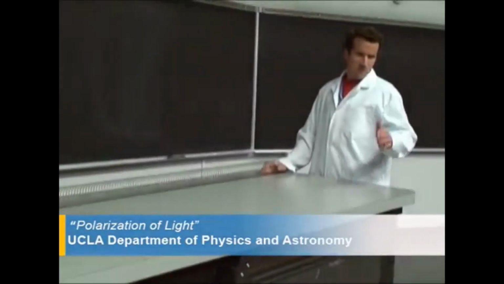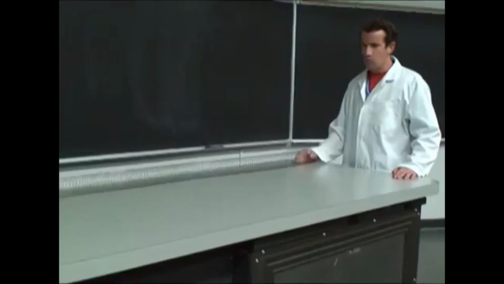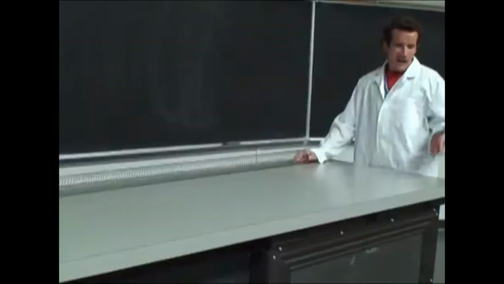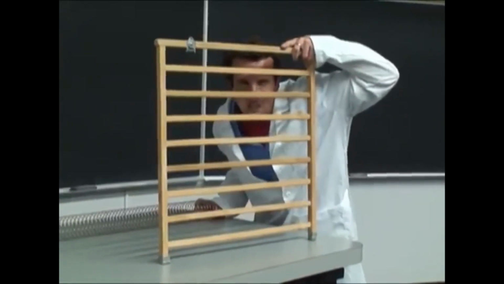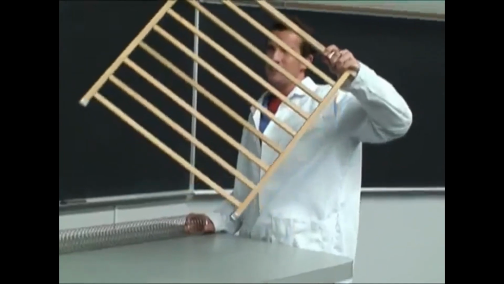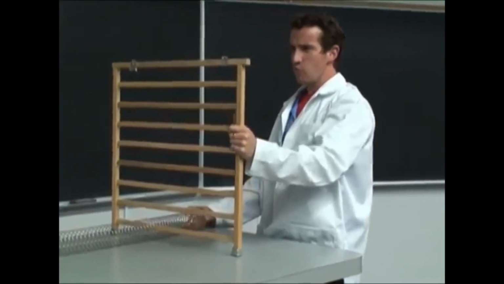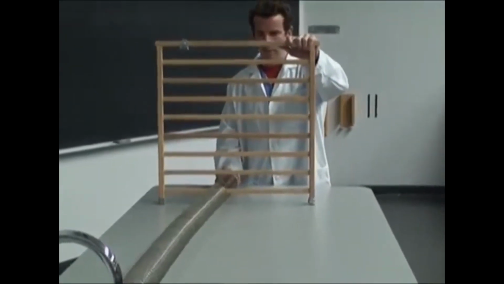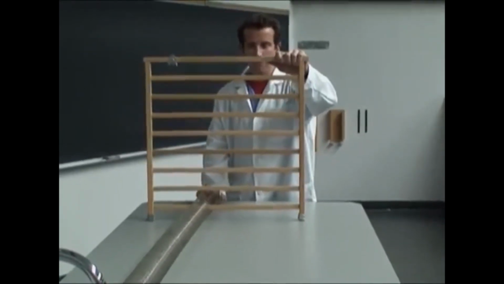Now, you might be wondering, is light a transverse or a longitudinal wave. How could we test this? This device is called a polarizer. It's designed to let waves get through in only one direction. As I send the wave out, it gets through fine that way, but this way, I can't get the wave through.